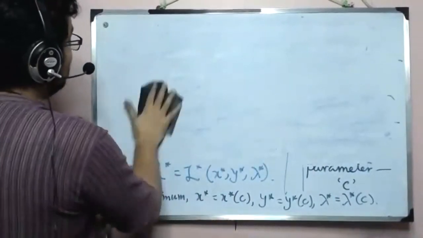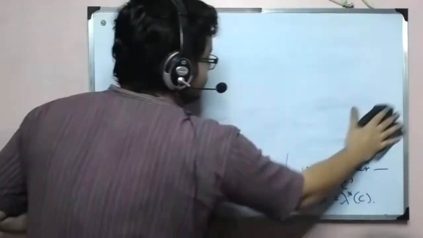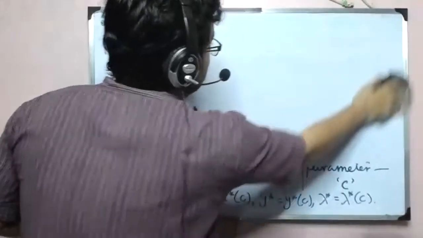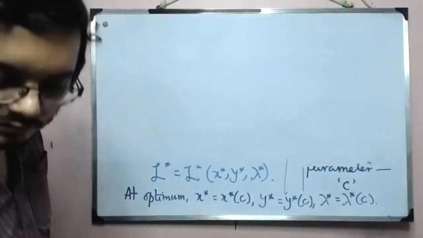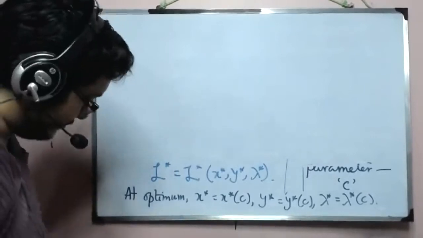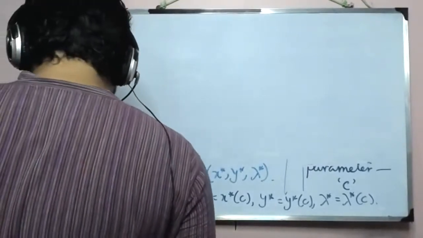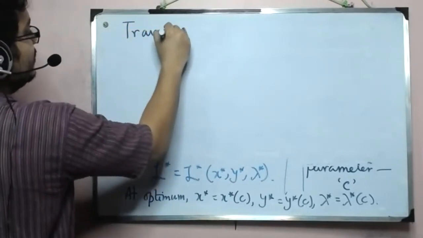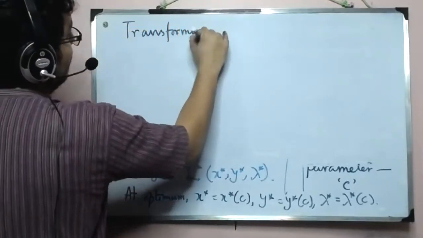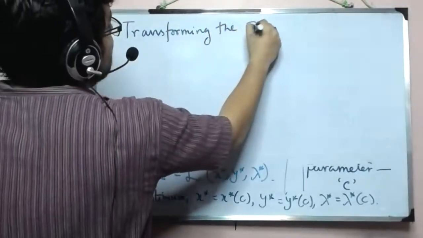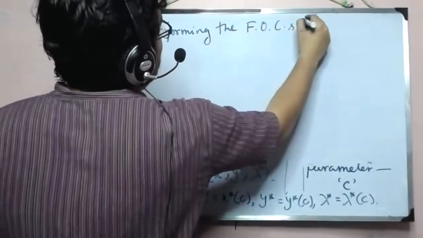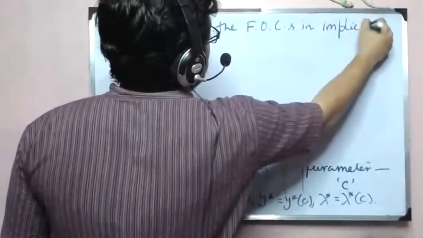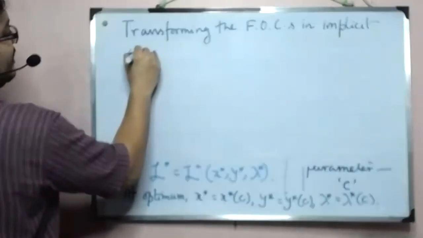So how am I going to do that? Let me just write this: transforming the FOCs in implicit structure.